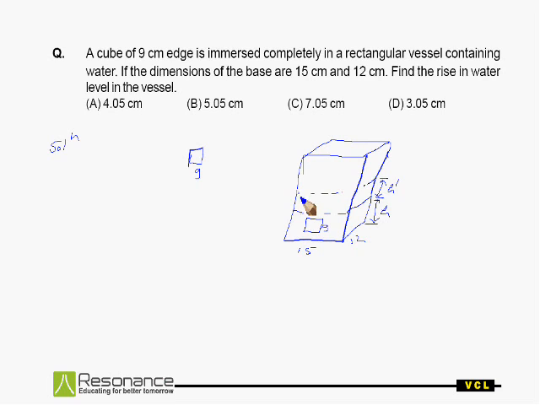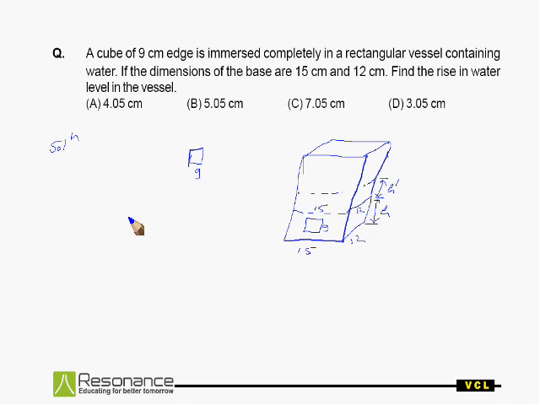So this level rises due to the immersing of the cube in the tank. So the volume of the cube should be the volume of this portion of the rectangular tank. This is 15, so this side should be 15. This is 12, so this should be 12.